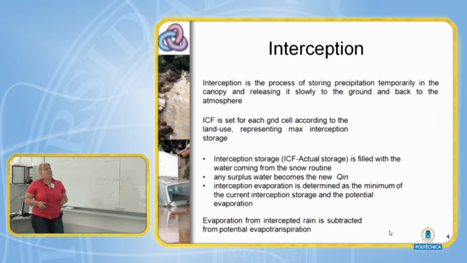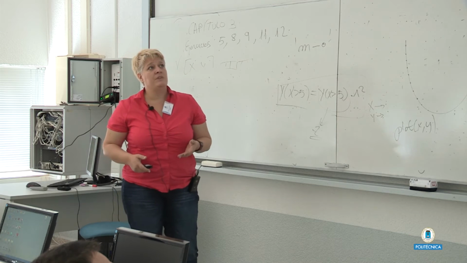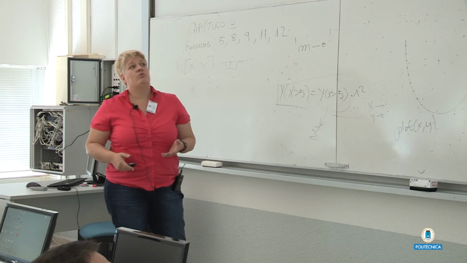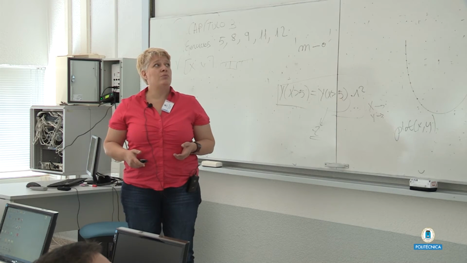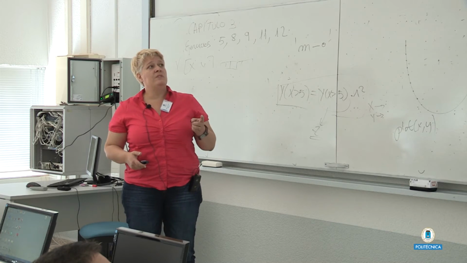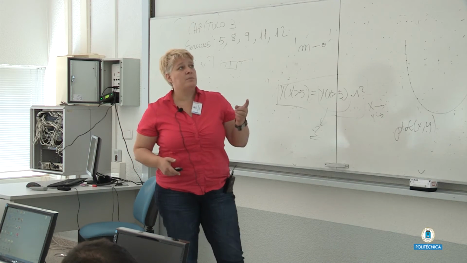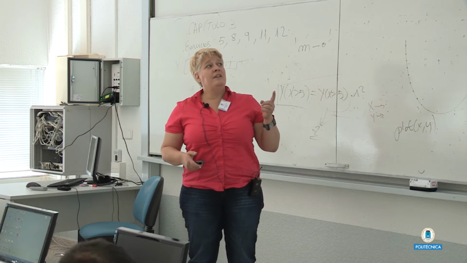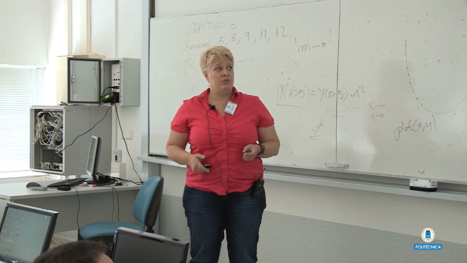On the part of the catchment where we have vegetation, not all of the precipitation will end up immediately on the ground. Part of the precipitation will be temporarily stored on the canopy, and it will be slowly released to the ground or will evaporate to the atmosphere. This process in HBV is represented with a maximum interception storage, and it can be set for every grid cell according to the land use.